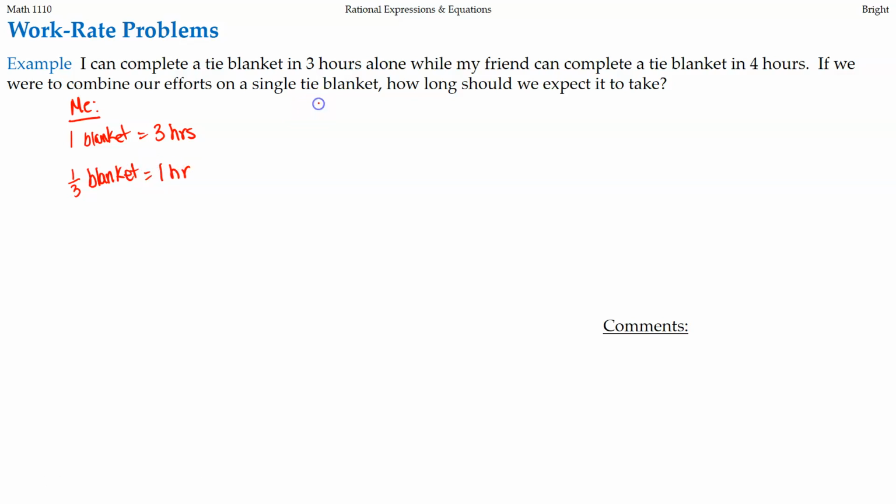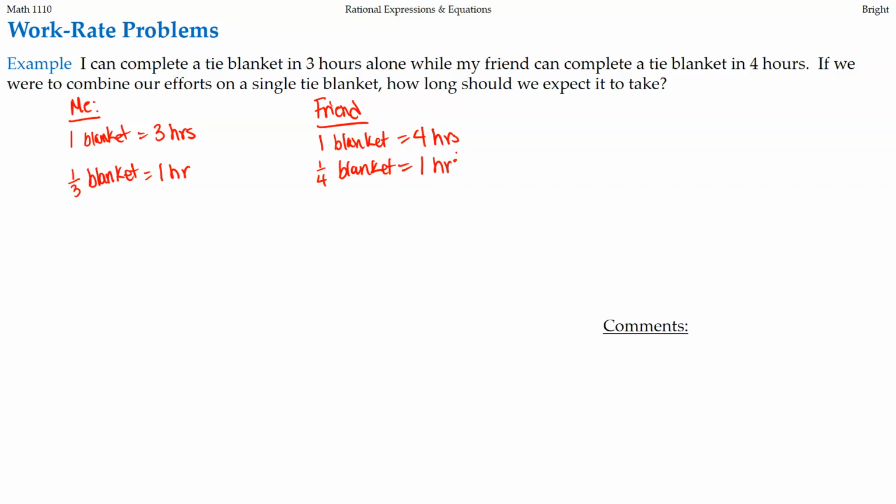So my friend can complete one blanket in 4 hours, or put differently, a quarter of a blanket is completed in 1 hour.